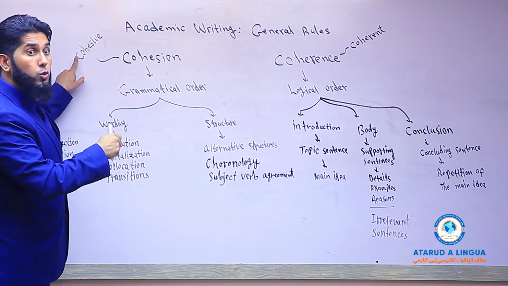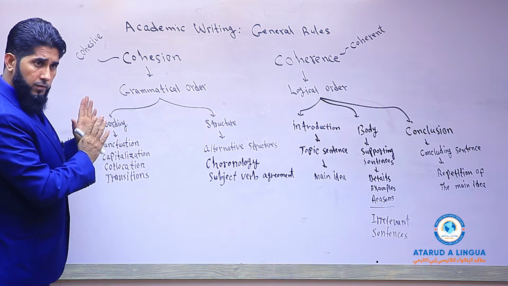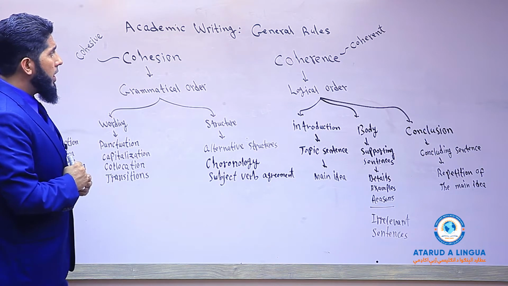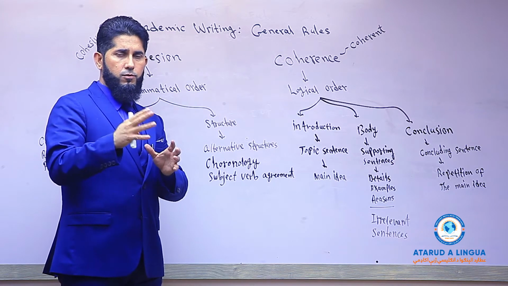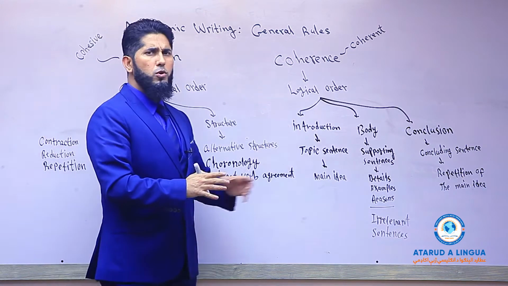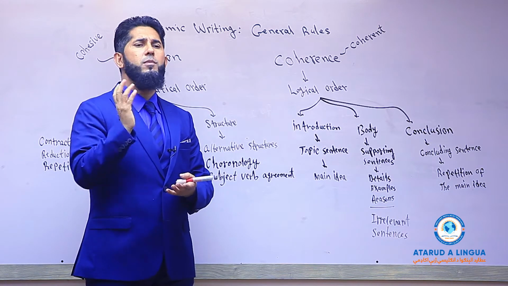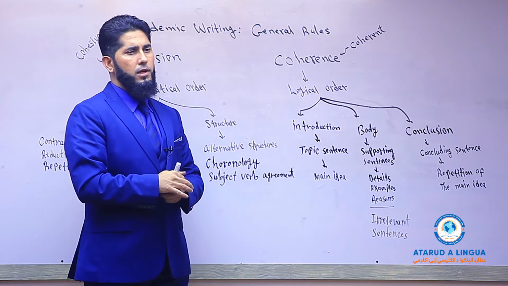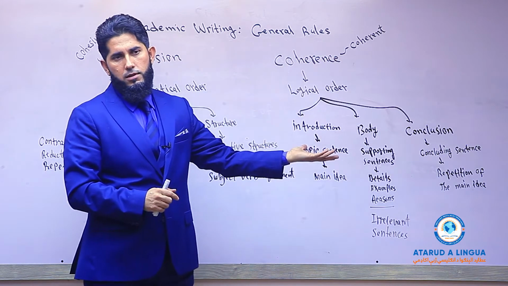It's not cohesive. Cohesion is the noun form and cohesive is the adjective form. And if you read an academic passage or paragraph, and you don't understand the ideas clearly, you don't understand the purpose of the writer, then that paragraph or passage will not be coherent.